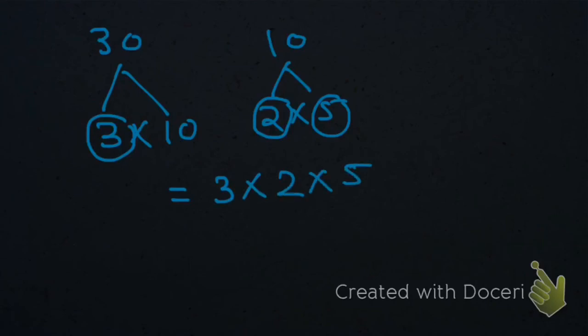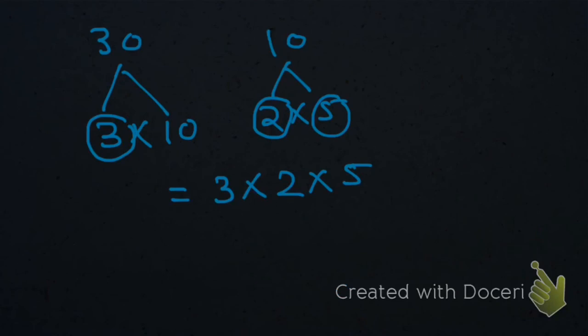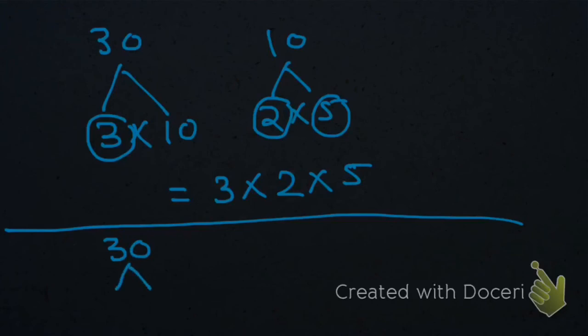Students, it is the same, either you multiply 3 by 2 then by 5, or you multiply 2 by 3 by 5. We can also write 30 as what? 5 multiplied by 6. Here 6 can be written as 2 by 3.